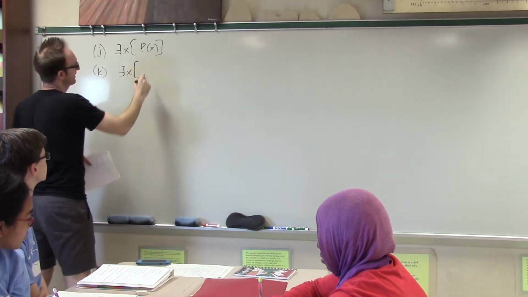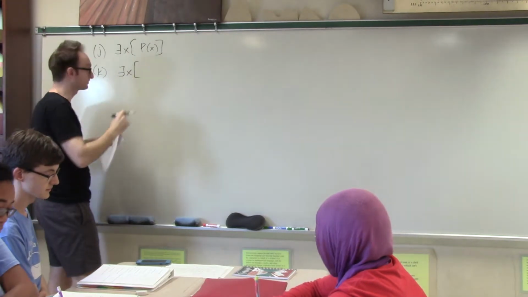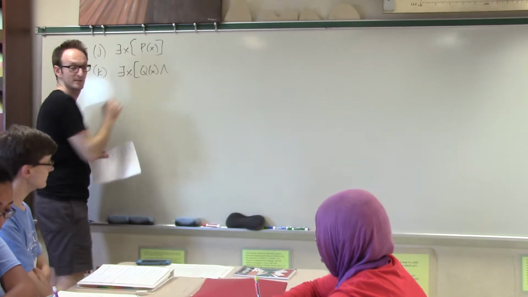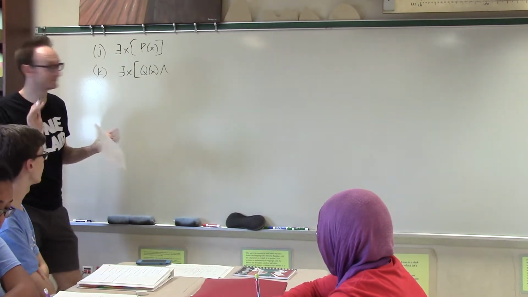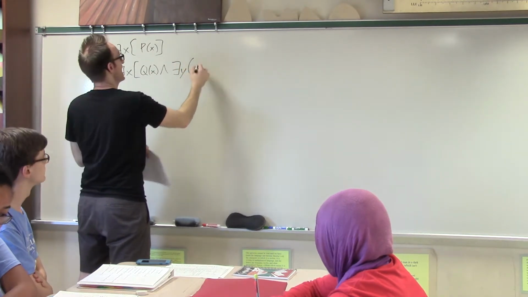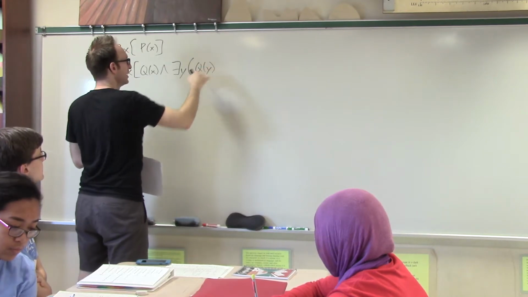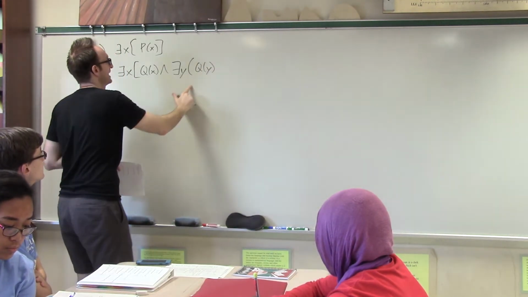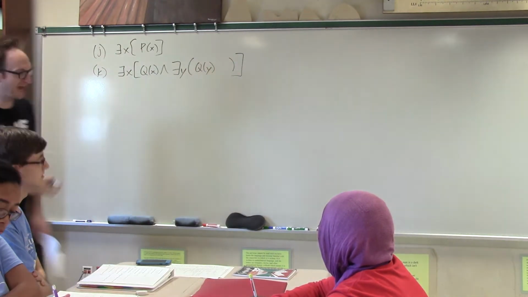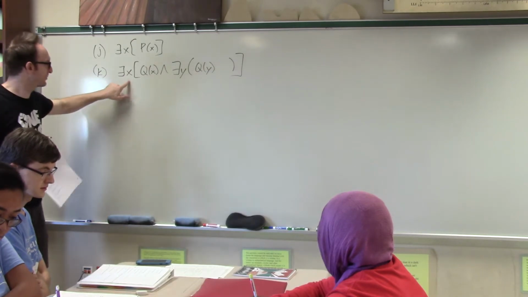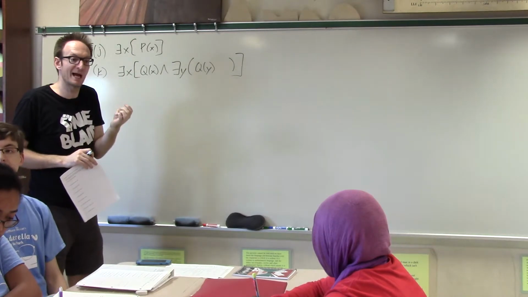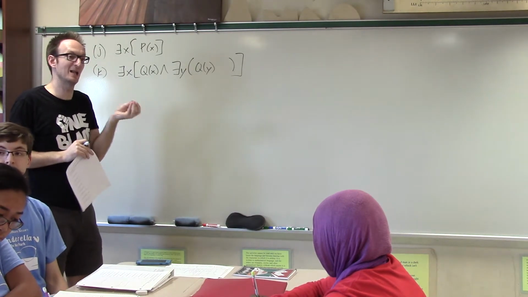It kind of doesn't matter where you put it. I'll write this a couple different ways. There exists an x who is quiet, and there exists a y who is quiet. But if you just left it like this, it wouldn't say what you think it says, because the very idea of variables is that they can refer to any element of the domain.